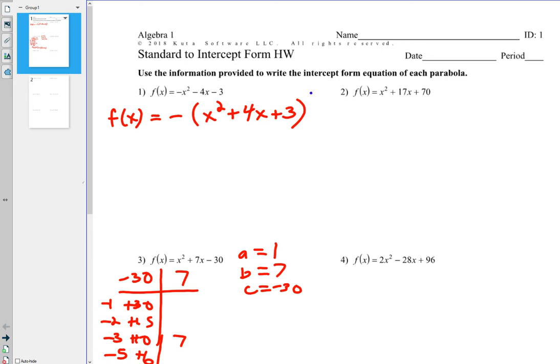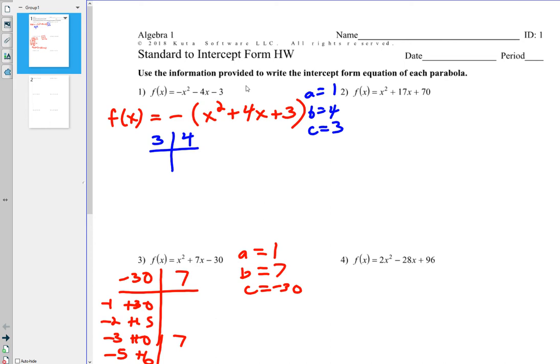But now when we identify A, B, and C by factoring out, I can say A is positive 1, but then I have to say that B is positive 4, and that C is positive 3. Can you think of 2 numbers that multiply to give you 3 and add up to 4?